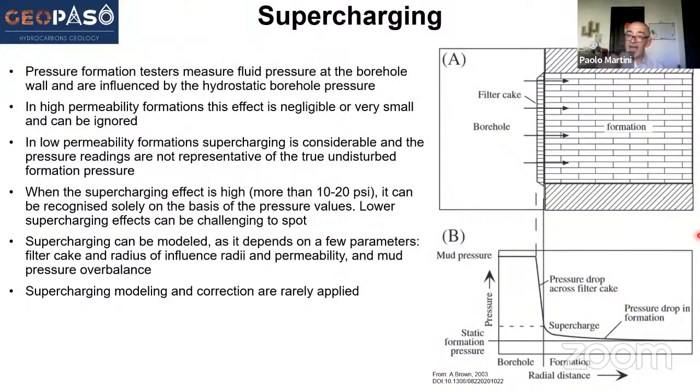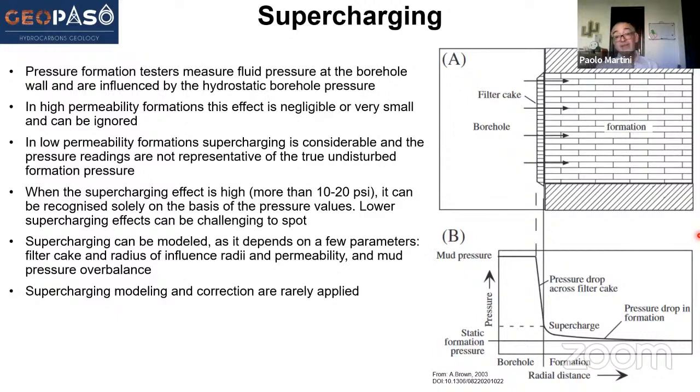There's something added to it. If this effect is high, let's say more than 10 or 20 psi, it's pretty easy to be spotted, just looking at the pressure value of the point compared to maybe higher permeability points adjacent, above and below.